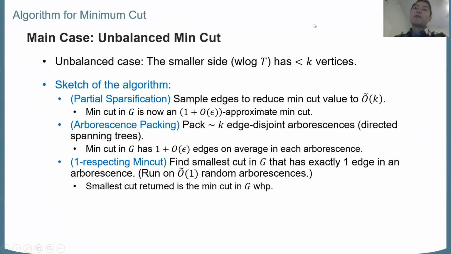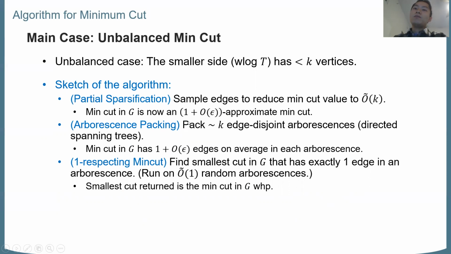perform 3 steps. First, we sample edges to reduce the min cut value to O tilde k. And also, we preserve the min cut to be a 1 plus O epsilon approximate min cut. So this is called partial sparsification.